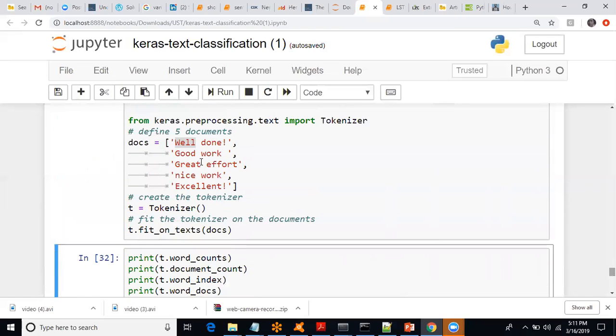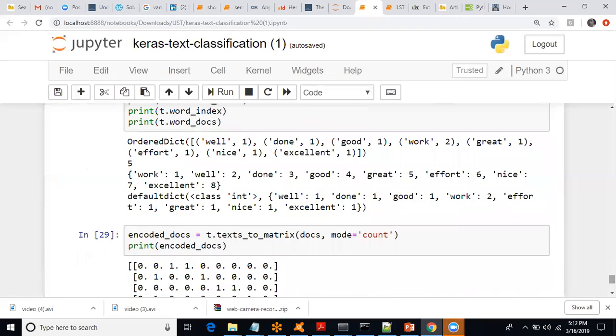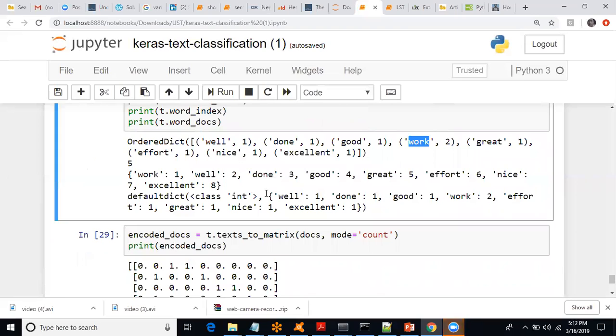Work is occurring in the second row and this one, right? So 2 times it is occurring. So check on the word work. Two times occurring, and the positions will be where the work is.